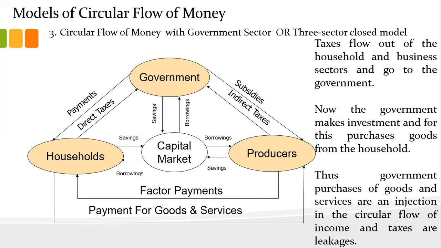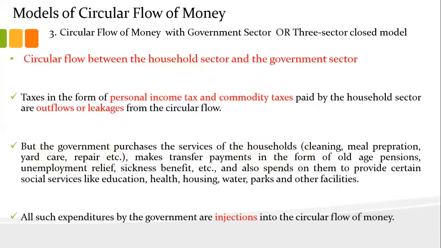All these are individuals from households giving services to government, so government makes payment on behalf of them, as well as subsidy and welfare services from the government. Government also purchases goods and services from producers. So from government side injections are there, as well as taxes, which are leakages. Now let's see one by one.